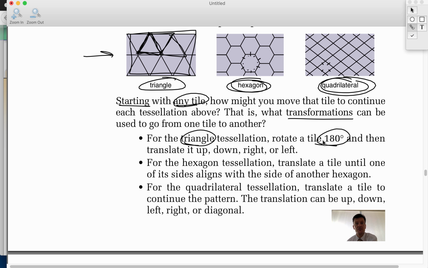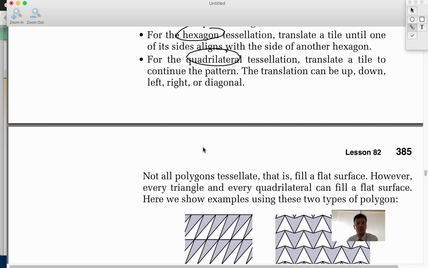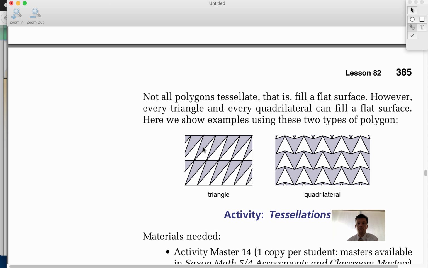Then you can start to fit them together. So the idea is that you can take our 3 shapes here, triangle, hexagon, quadrilateral, and repeat them and then turn them or shift them or move them, make a transformation in order to fit them all together so there is a repeating pattern with no open spaces. Okay?